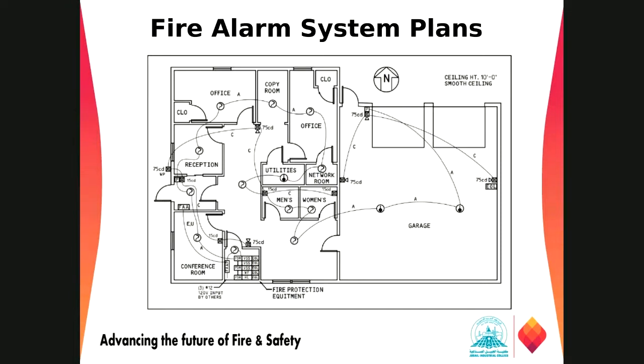But in the garage areas, they have used the heat detector because a smoke detector is maybe not applicable for those areas, and it might be activated by some kind of smoke in those areas, not from a fire, or by some atmospheric condition coming from the outside, the fog and all. It might affect those.